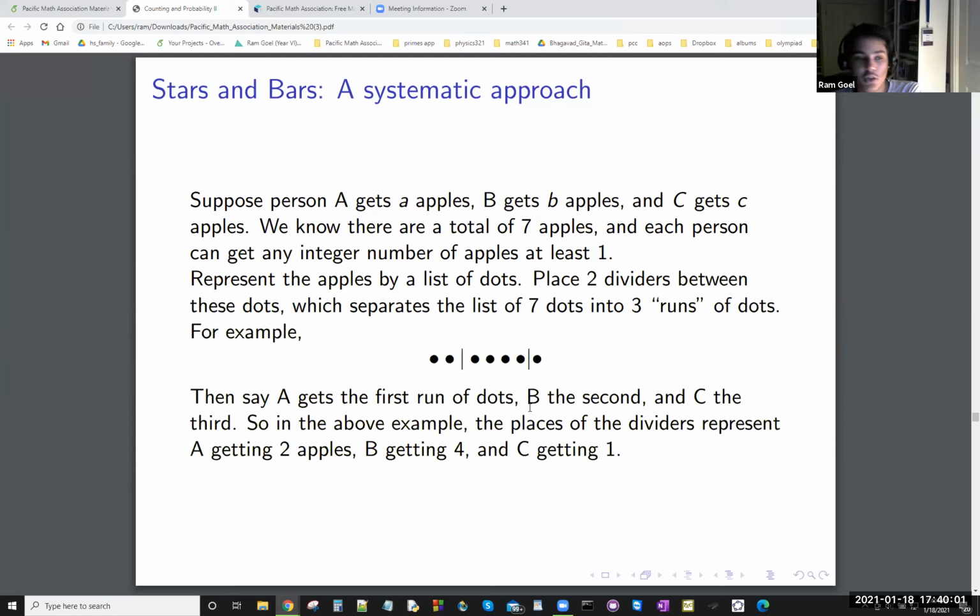So these bars are just a way to represent how A, B, and C split up the apples. So again, if A plus B plus C is 7, that just corresponds to some way to put the dividers between these dots. Does that make sense, everybody? We're just creating an analogy, and then this is going to be easier to solve.